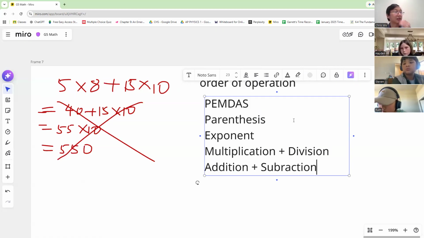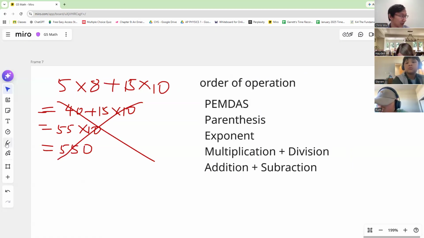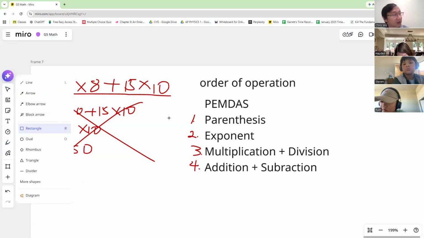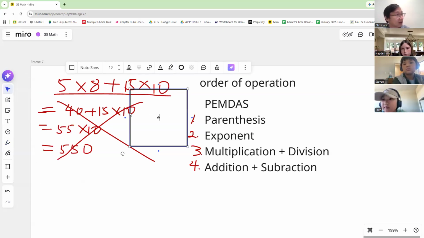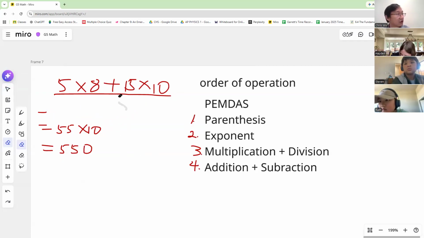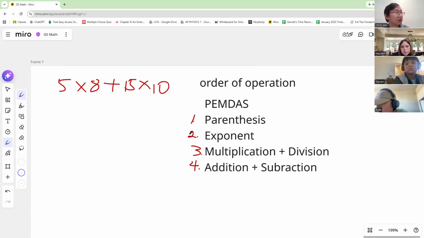So this tells you the 4 steps of what things we need to do, and I have to do them in that particular order. So when somebody writes this term for me, it indicates that the right way to do it is to check, is there any parentheses in this? Well, no, not really. So I don't have to worry about step 1.